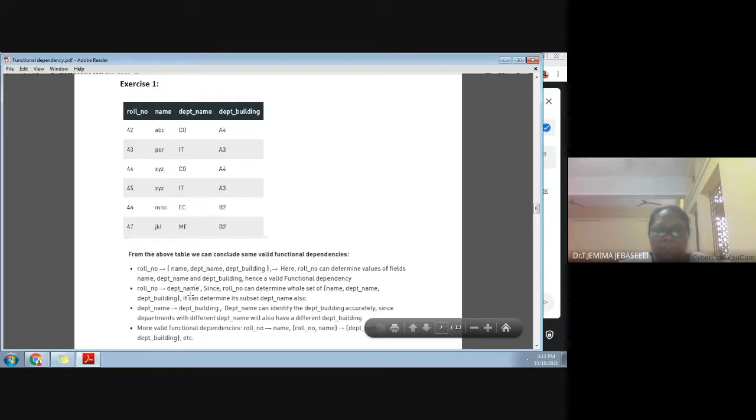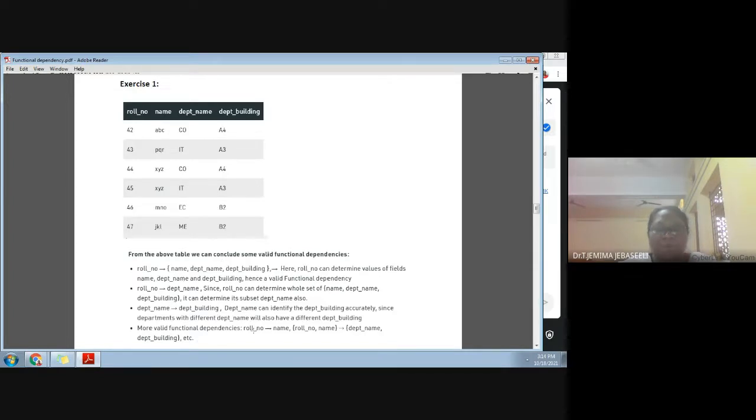The second is also functionally dependent, and the third also. The last one maps one combination with another: roll number with name is already functionally dependent. And when you take roll number and name and compare with the department name and department building, that is also functionally dependent. So all these are functional dependencies.